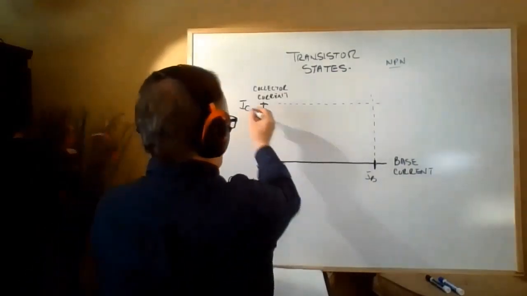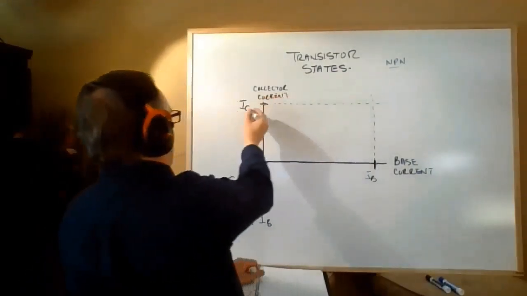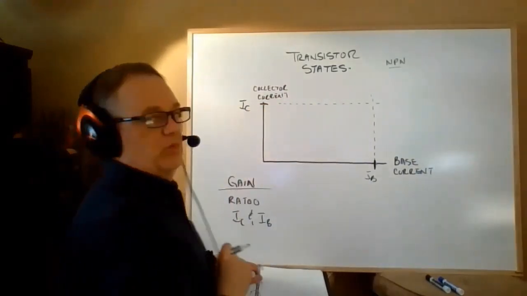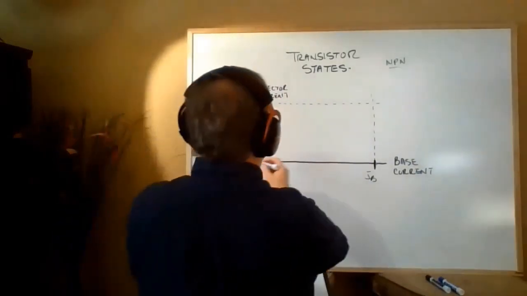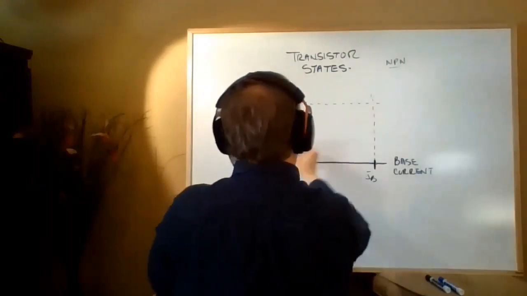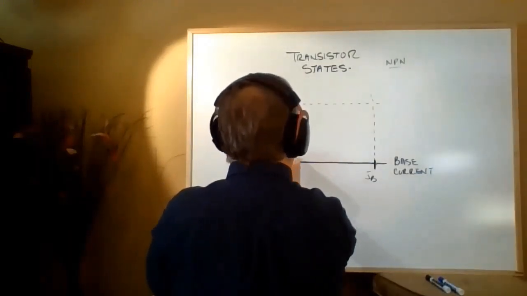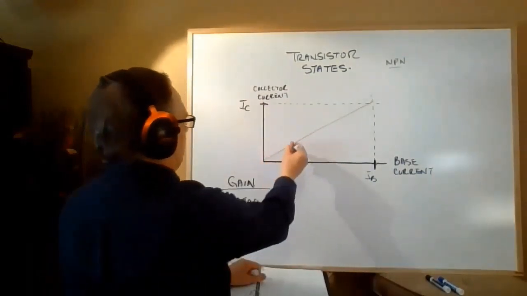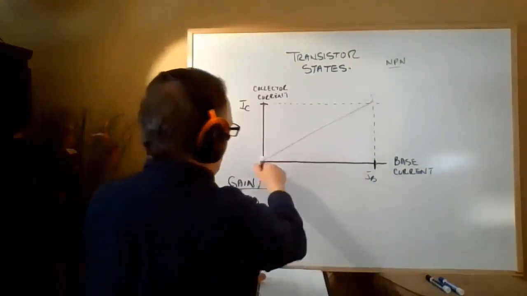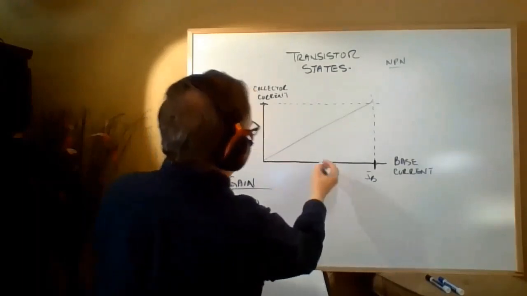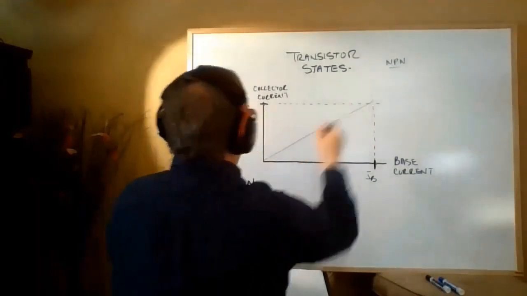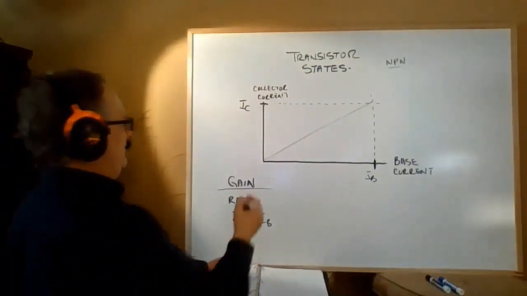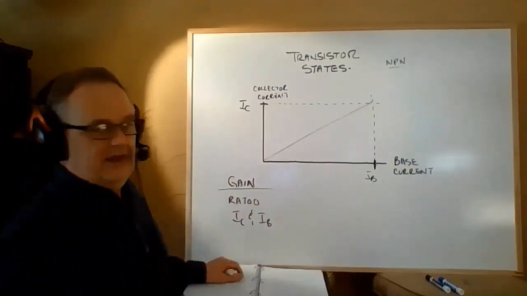And because this current increases and this current increases in an exact ratio to it, that means that as my base current increases, the line would look like this. So as my base current goes higher and higher in this direction, my I of C goes higher. And so what we do is we say, well, the transistor really has three states.